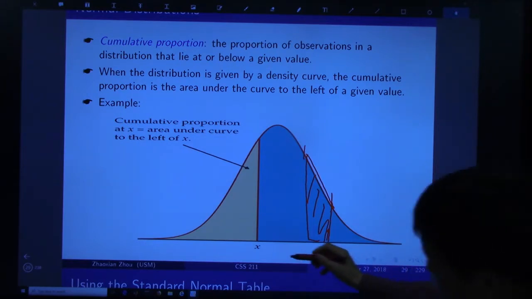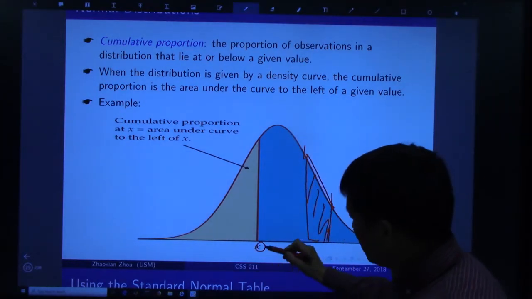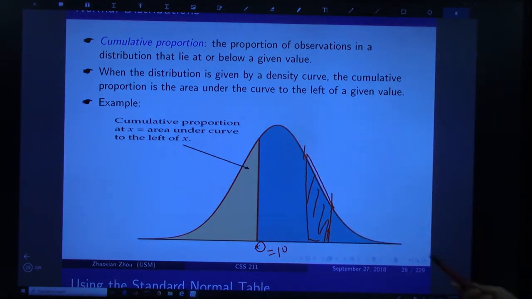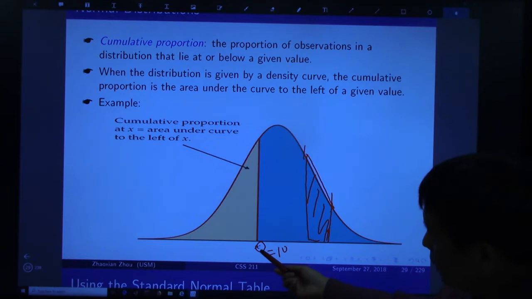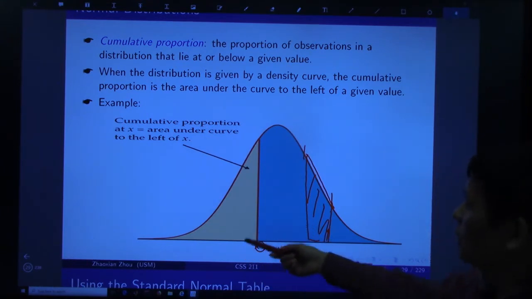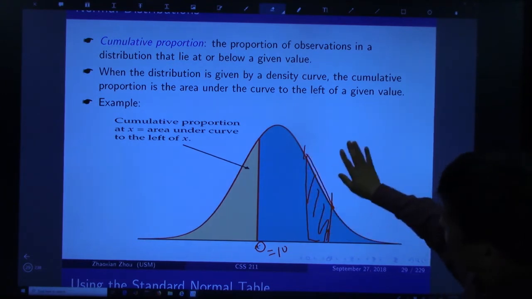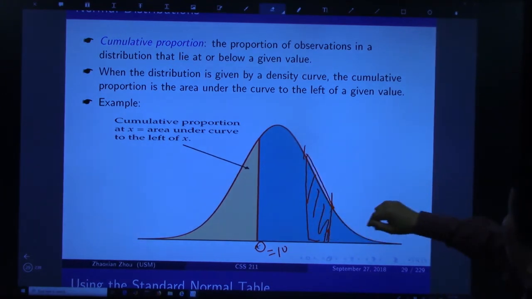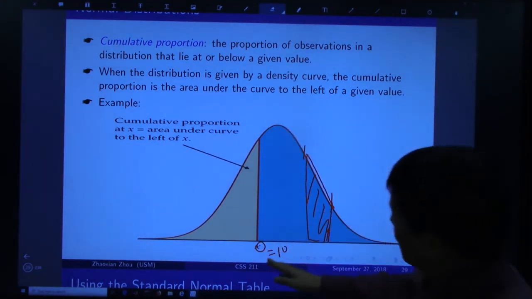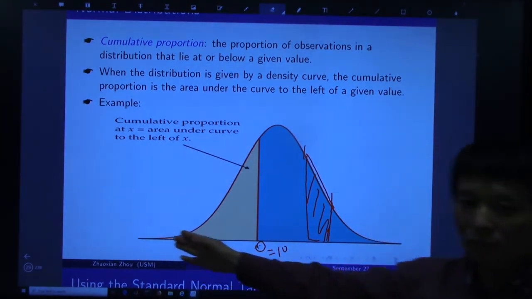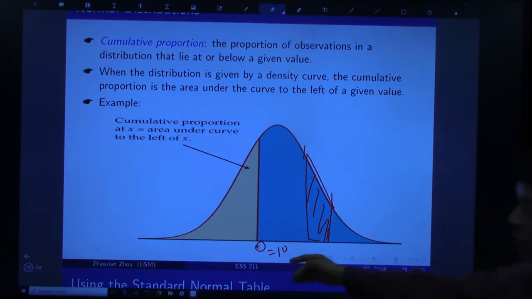For example here, this x may be equal to a number, for example 10, or any number here. What is the proportion of data in this distribution that lies at and below this x value, which equals 10?